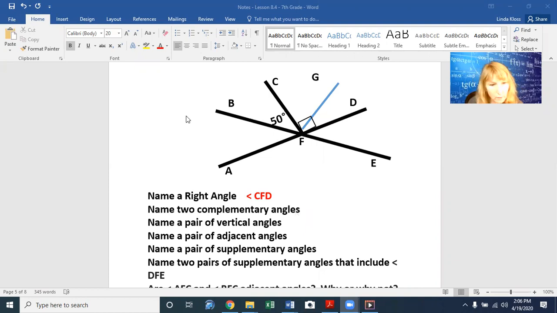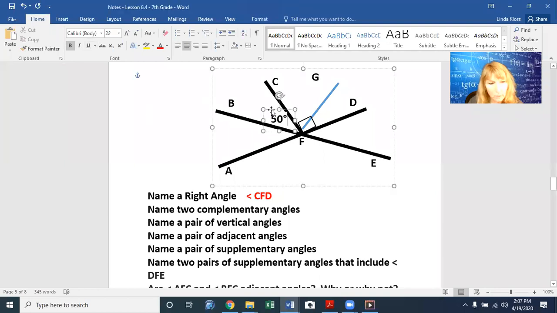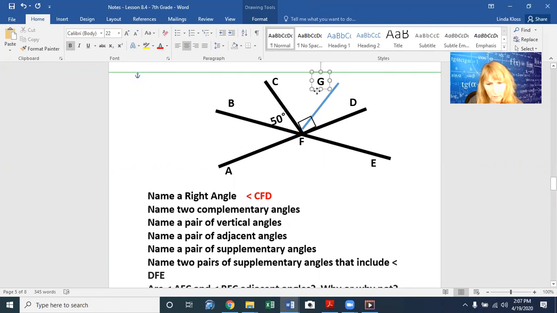Well, of course, you can find angle DFG and angle GFC. This G is supposed to be moved over here. I'm going to actually move that G a little bit closer to the line where it should be. Okay, good.